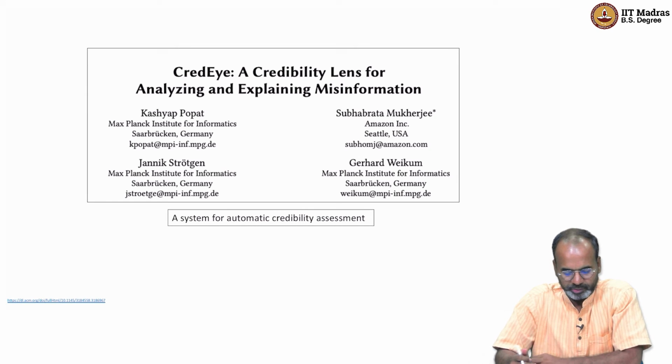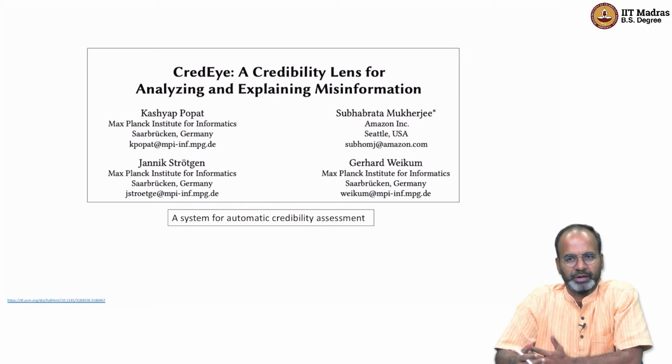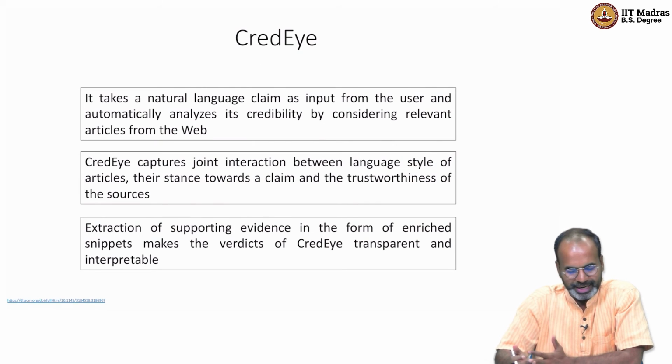There's another system called Credeye, a credibility lens for analyzing and explaining misinformation. Again, the goal is to create automatic credibility assessment wherever possible. You can build these tools, and that can help. So Credeye is also using the same kind of architecture.